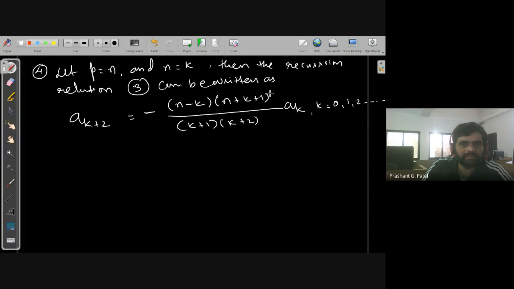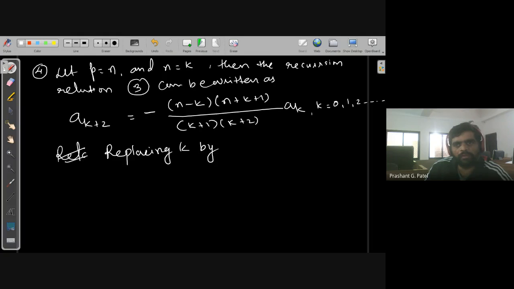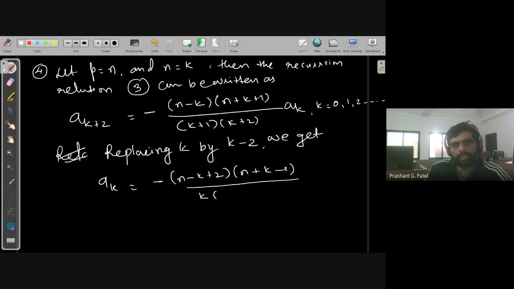Now, if you replace k by k minus 2, we get ak will be minus of n minus k plus 2, n plus k minus 1 by k into k minus 1, ak minus 2. See what I did, I just replaced k by k minus 2 here. So instead of k plus 2 we have k, and here it is k minus 2, so it is k minus 1.